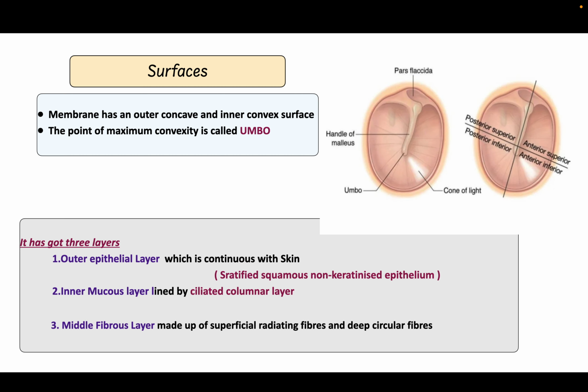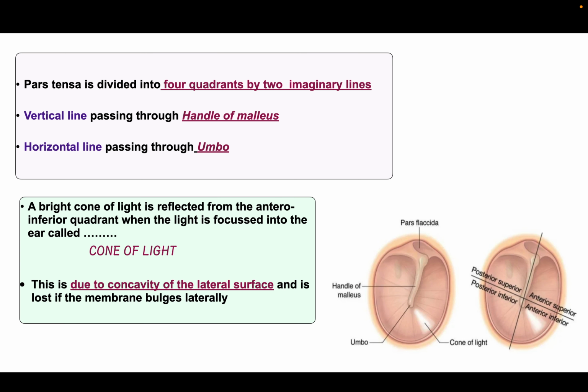So it is made up of which parts? Accordingly, outer, middle and inner: inner is the mucous layer, outer is the epithelial layer and middle is the fibrous layer. Now this pars tensa is divided into four quadrants by two imaginary lines. One is the vertical line passing through the handle of malleus and another is the horizontal line passing through the umbo. Umbo is the point of maximum convexity.